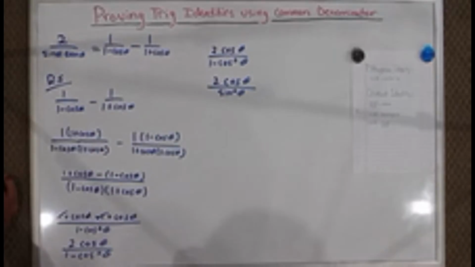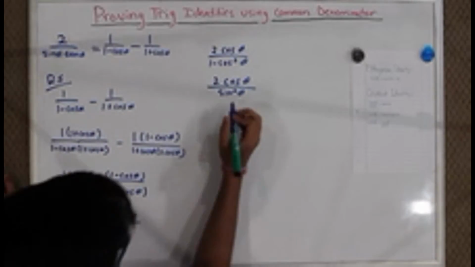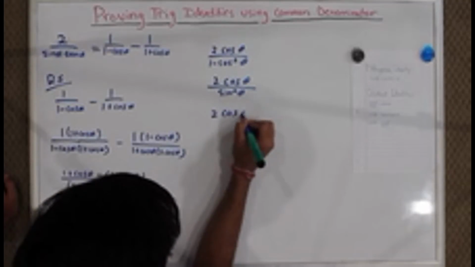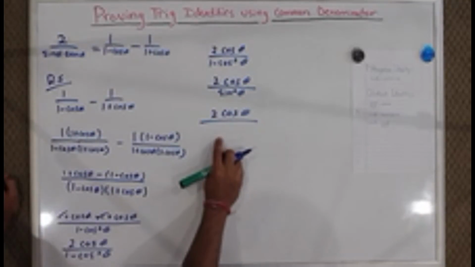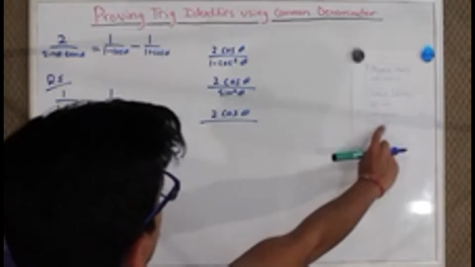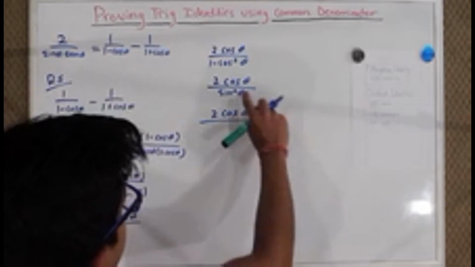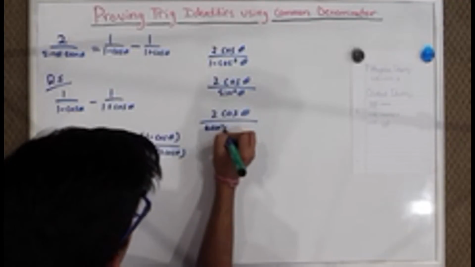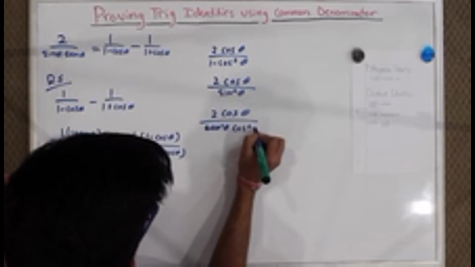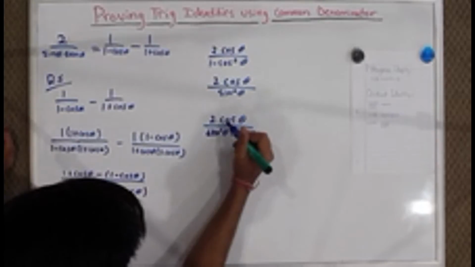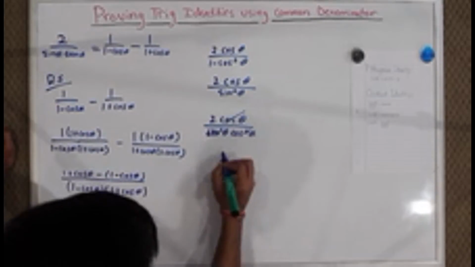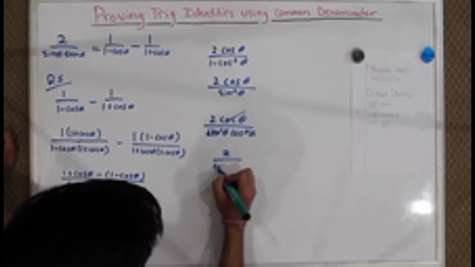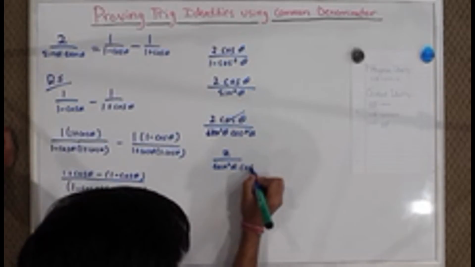Then we can also change the sine squared theta into tan squared theta times cos squared theta using the quotient identity. So sine squared theta is equal to tan squared theta times cos squared theta. Now we can cross out 1 cos here and 1 cos here, so we're left with 2 over tan squared theta times cos theta.